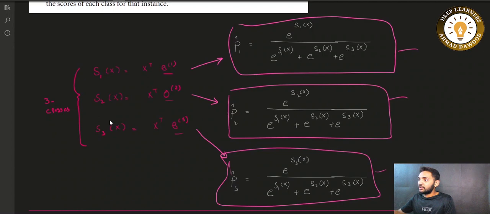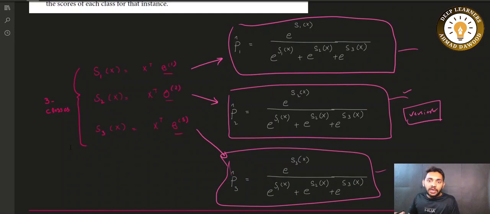Let's say p2 is max for some particular sample, then the output will be considered as versicolor. In that way this process is carried out. Now you have an idea of the difference between logistic regression and softmax regression in terms of model equation. Now we'll see how we can train a softmax regressor.